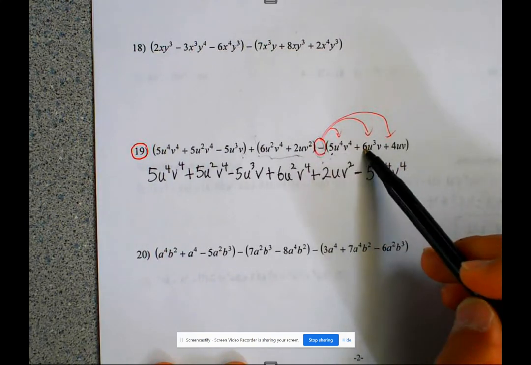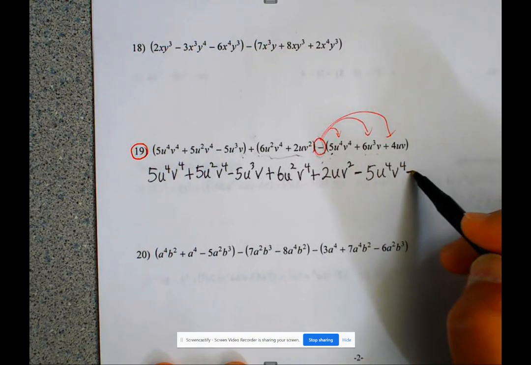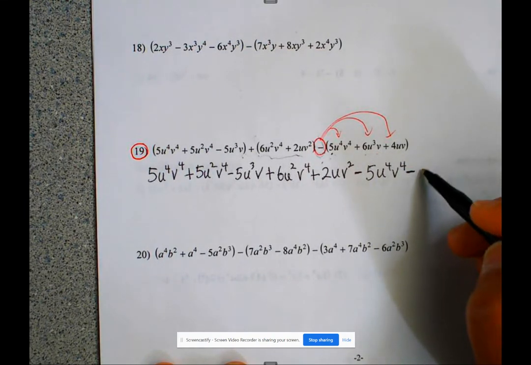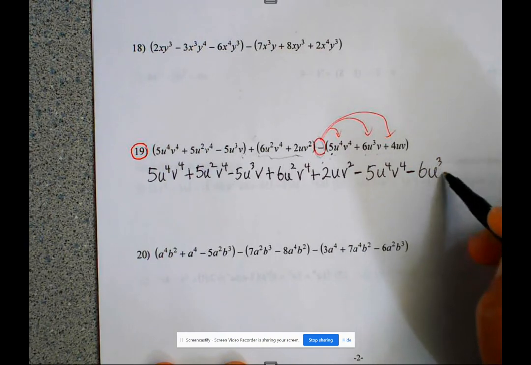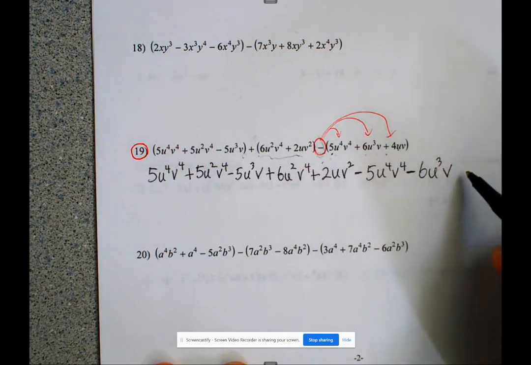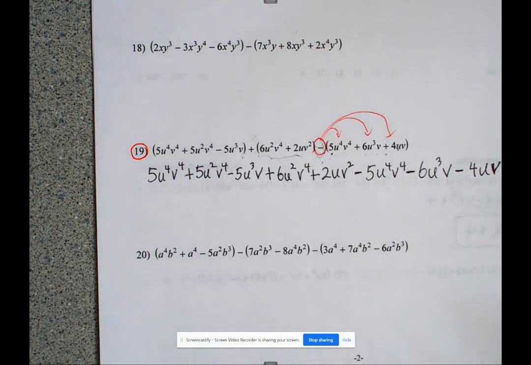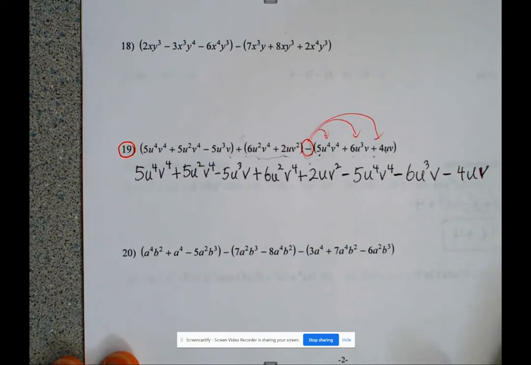And then the second term is positive 6u to the third and v, so that becomes minus, or negative, 6u to the third v. And then the last term is positive, so you switch it to negative, or minus, 4u and v. All right, so I'm going to give you time to copy all that. So this is how you organize your work, guys, okay? I know that this is a little bit tedious, but we want to see work like this from you guys.